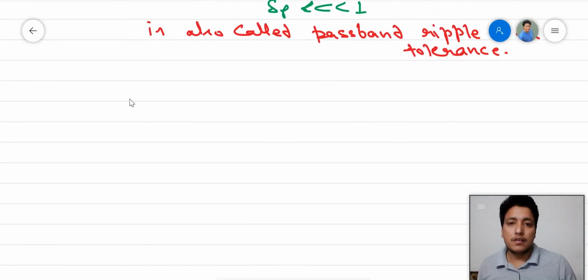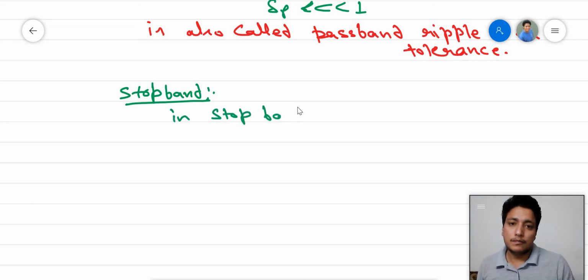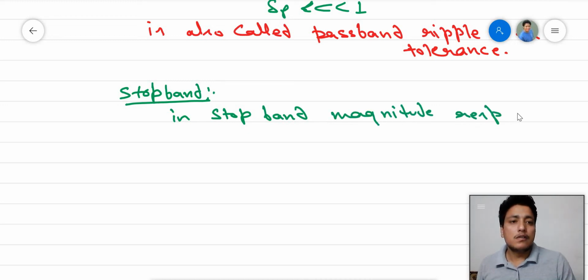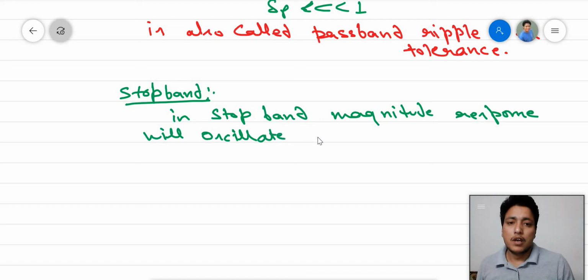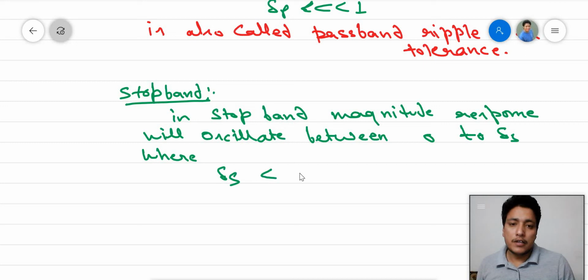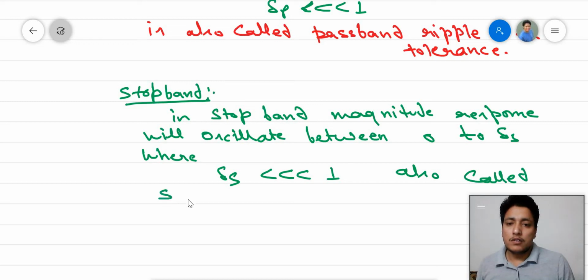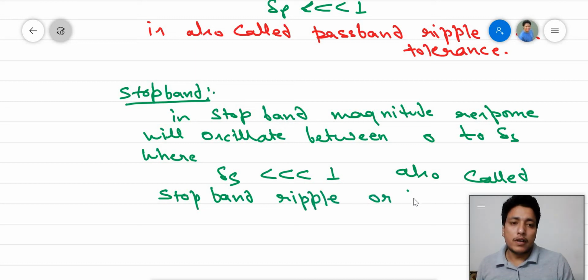Second part is the stop band. In the stop band, the magnitude response will oscillate between 0 and delta s, where delta s is much less than 1, also called the stop band ripple or tolerance.